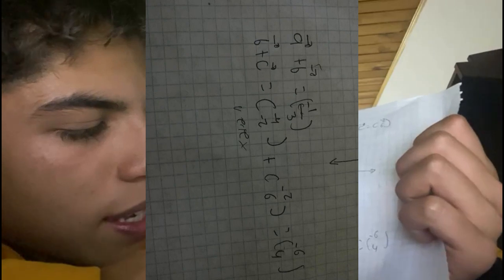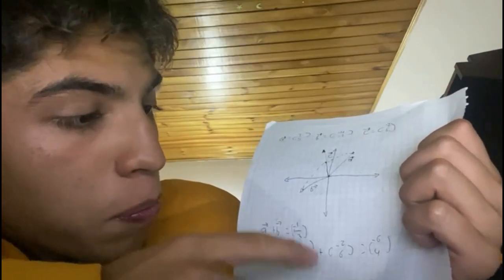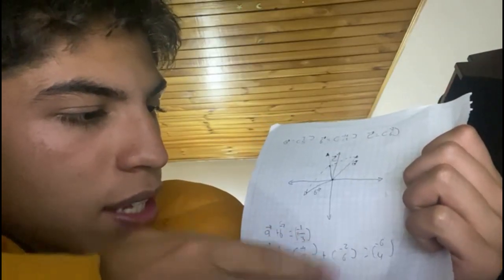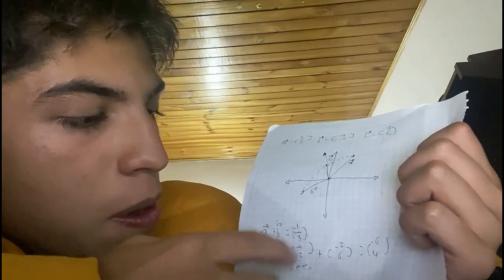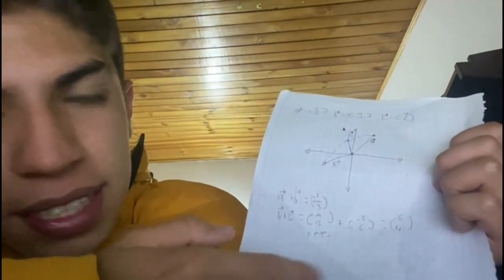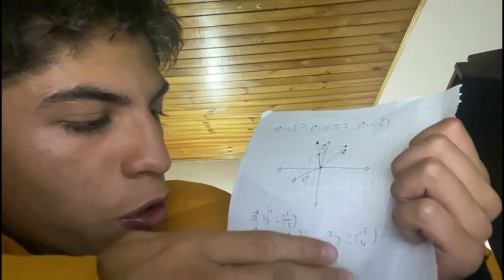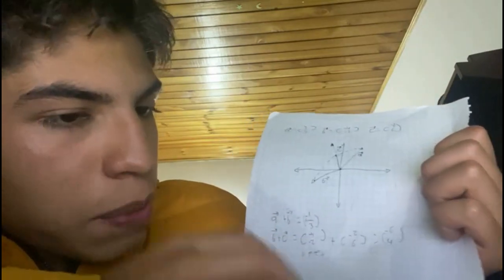So if you take into account the symbols, -4 plus -2 will give us -6, and -2 plus 6 have different symbols. It's 4 because 6 is bigger than the value. So that is one example of how it can appear in the IGCSE.